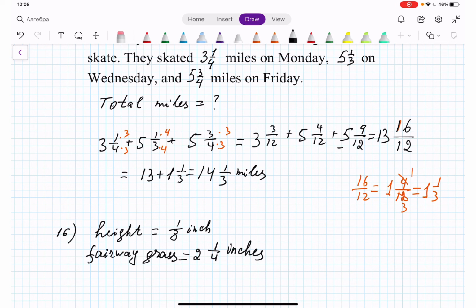Okay, how much must the mower blade be lowered by a person mowing the fairways if the person will be using the same mowing machine on the putting greens? Which means by how much we need to lower the mowing blade to get from 2 1/4 to 1/8.